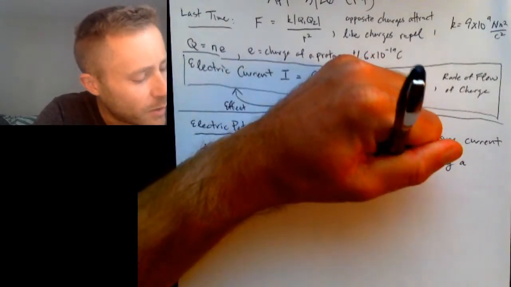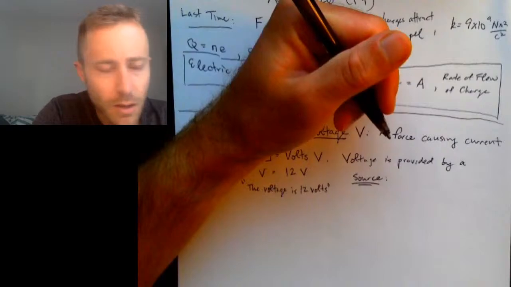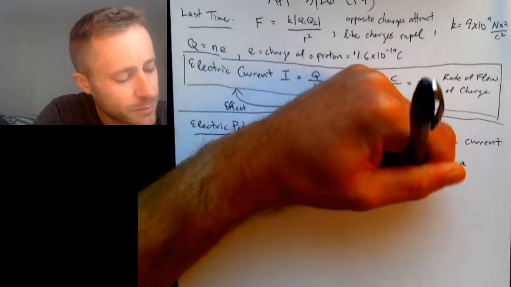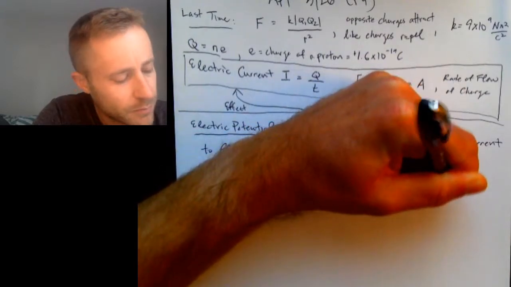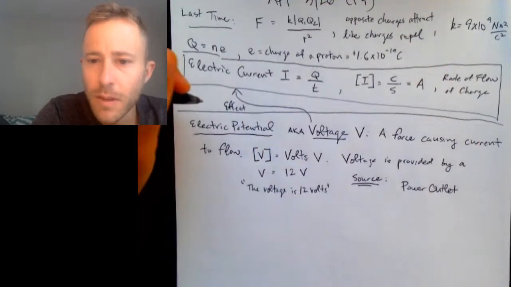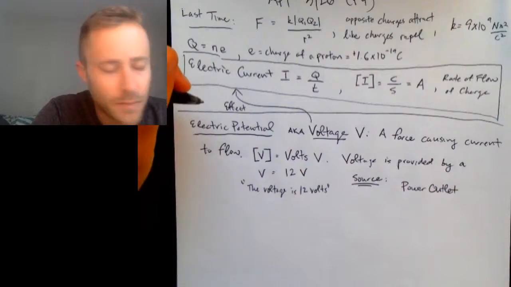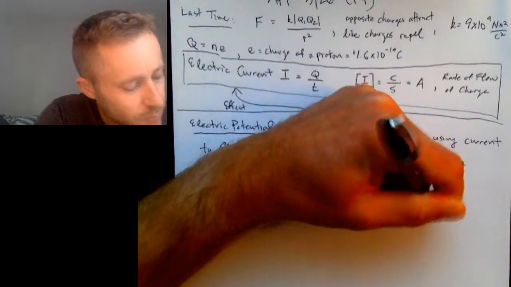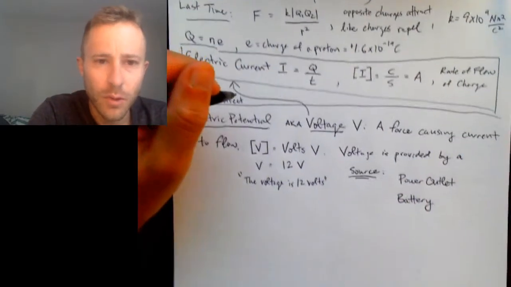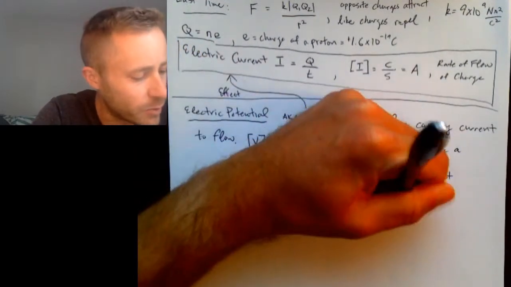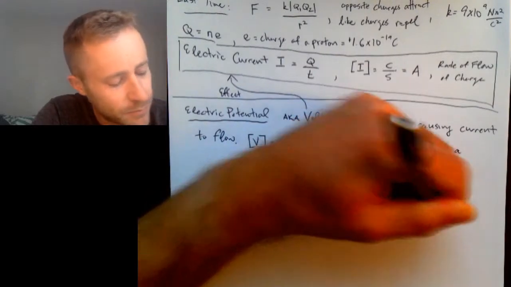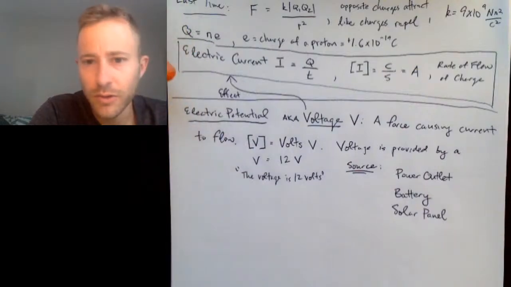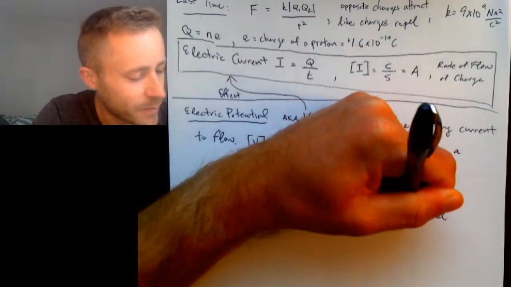So, for example, a power outlet, or for example, a battery, or for example, a solar panel, or for example, a generator, something like that.